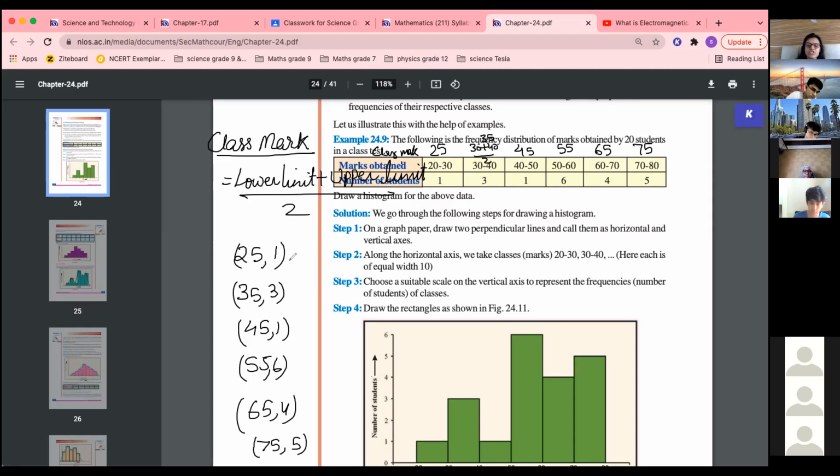Okay, so everyone just plot this graph. Okay, actually what is the general formula then? General formula for the point is class mark comma frequency. This we are plotting. You know what is comma, na? First thing is x-axis and second thing is on y-axis. Okay, so these points, just note down these points and let us draw it on the graph and see whether we are getting the same or not.